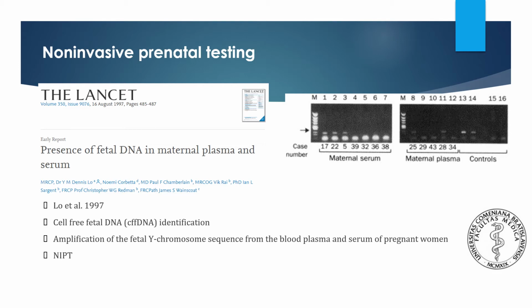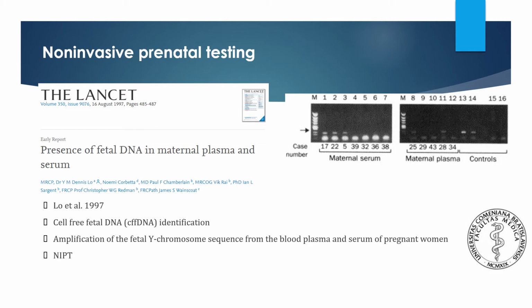Lo then demonstrated that cell-free fetal DNA in the maternal plasma was detected by identifying Y chromosome fractions, and it was also used for RHD typing, and this was an absolutely new field of diagnostics in clinical care of mothers.